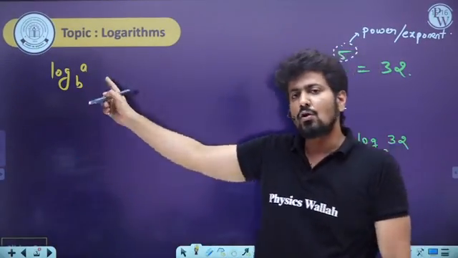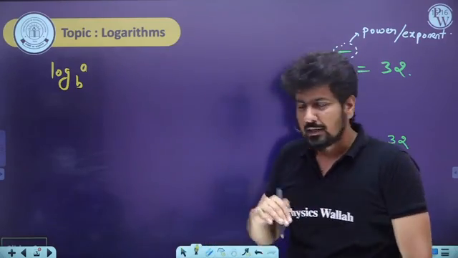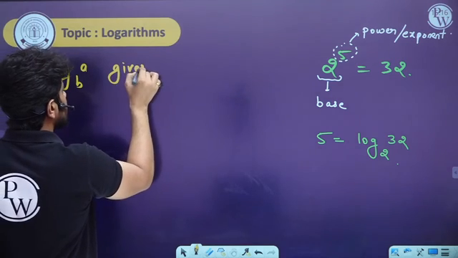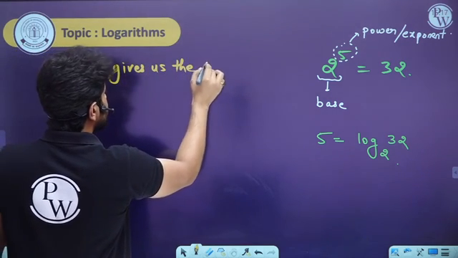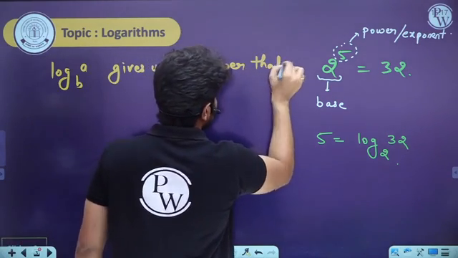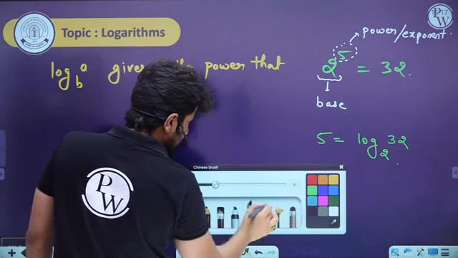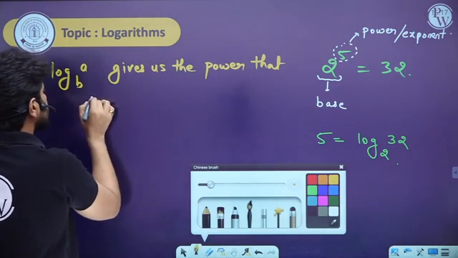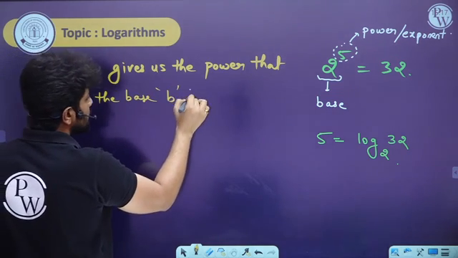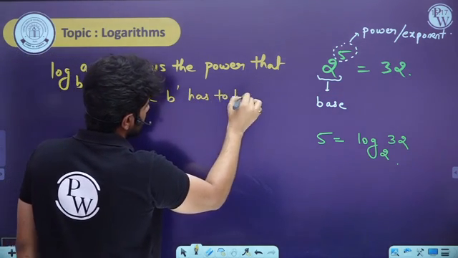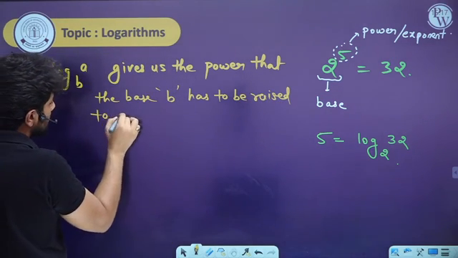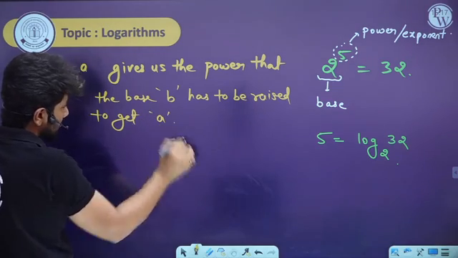Log of a to the base b gives us the power that the base b has to be raised to get a.